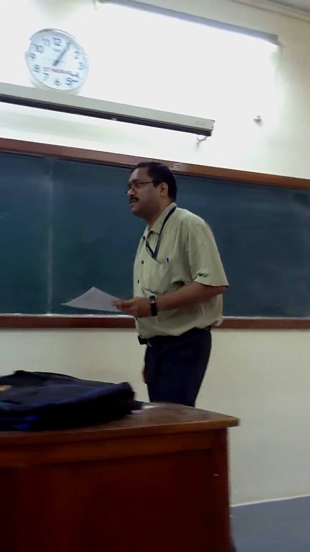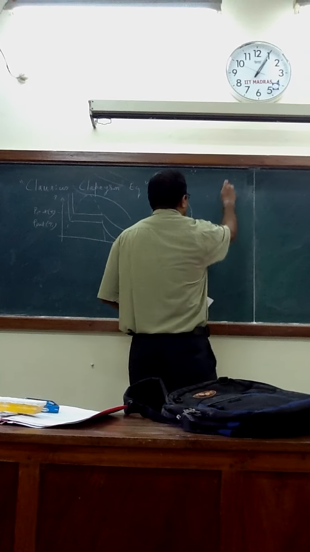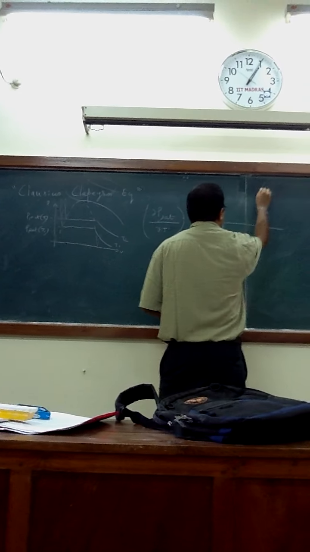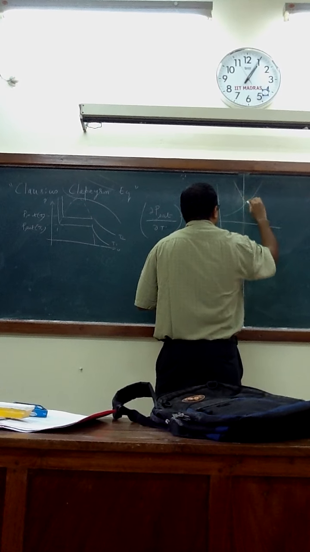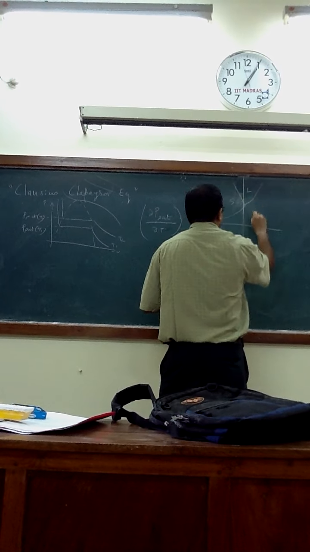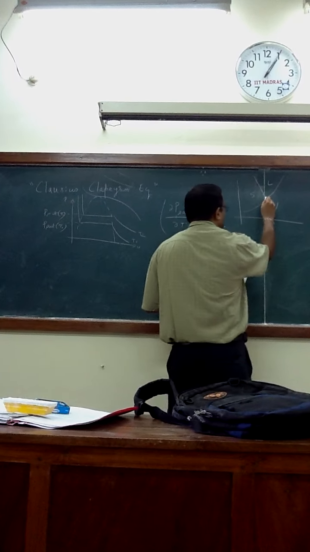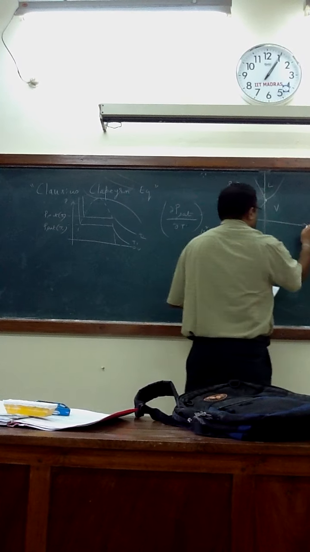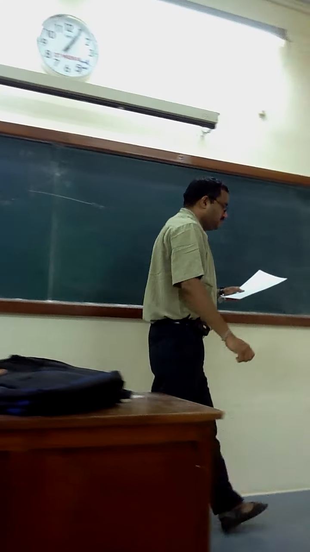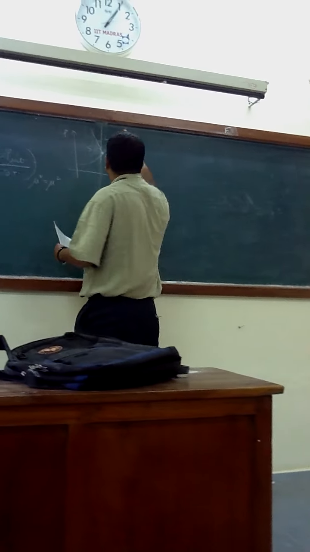Actually, what happens if we look at the complete first-order phase transition diagram. We have seen this diagram, right? This is the triple point. This is pressure, this is volume. And this point is called the critical point.